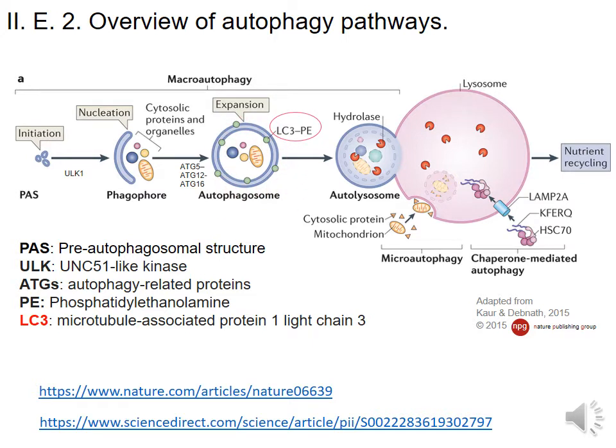The initiation of the macroautophagy pathway begins with the formation of the phagophore assembly site, or PAS. This is a process that is mediated by different kinases, such as the UNC-51-like kinase, also known as the ULK complex, and autophagy-related proteins, or ATGs.